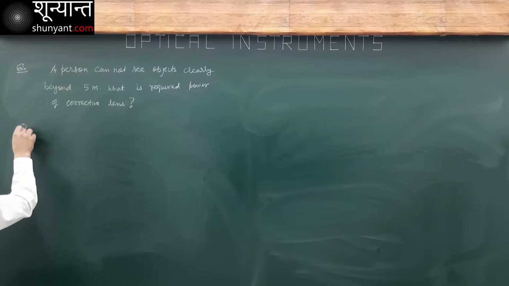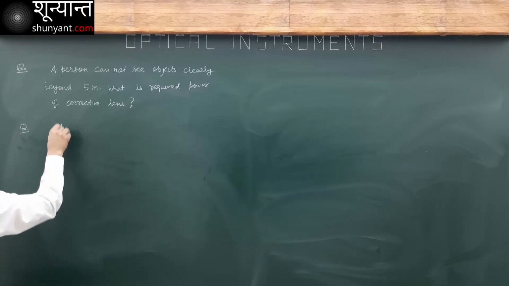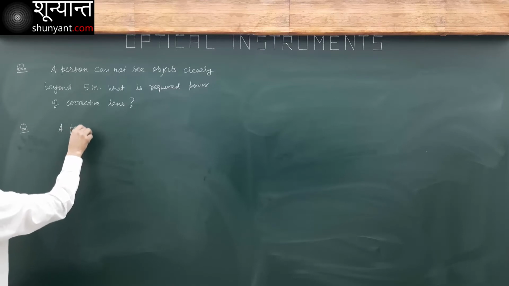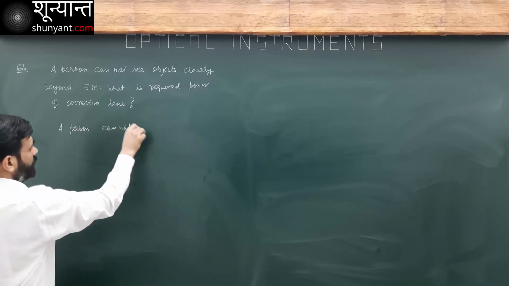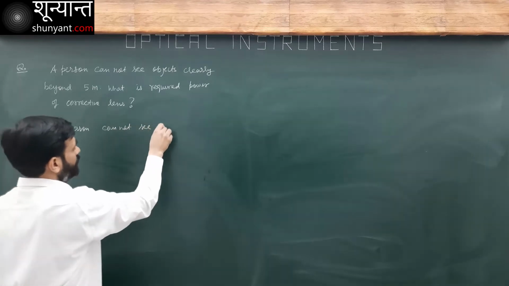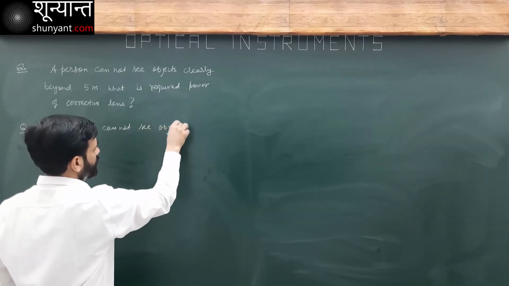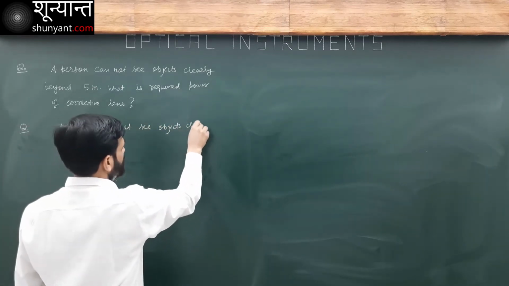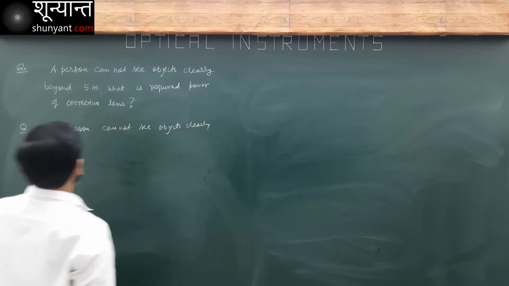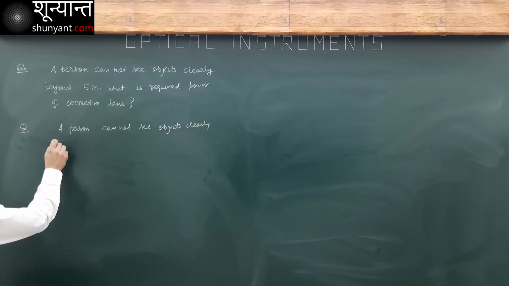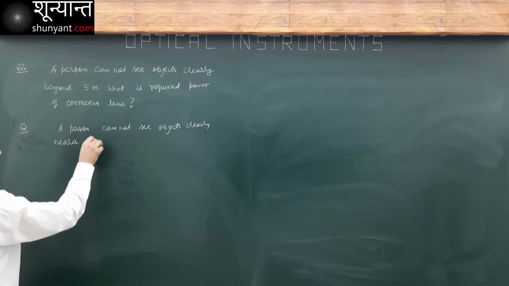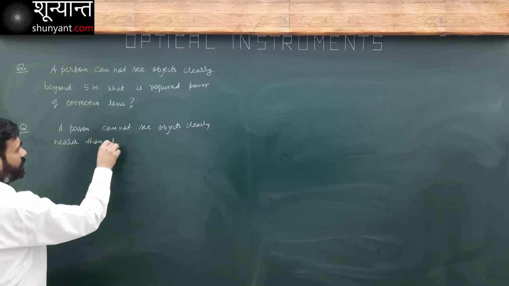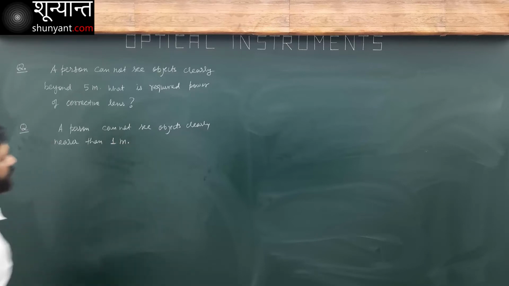Next one. A person cannot see objects clearly nearer than 1 meter.